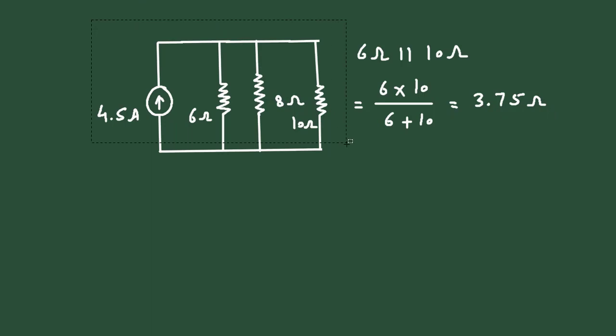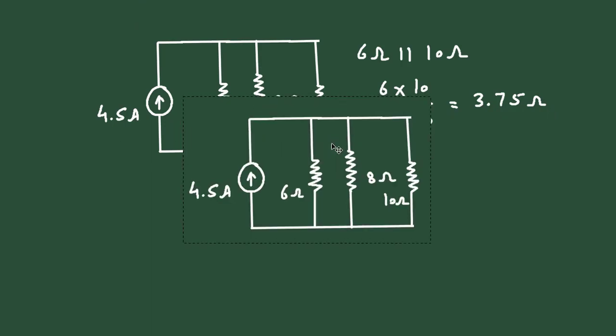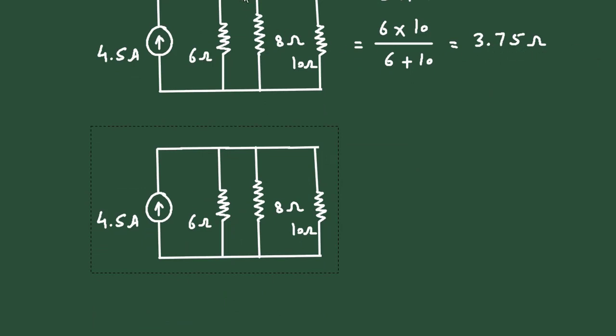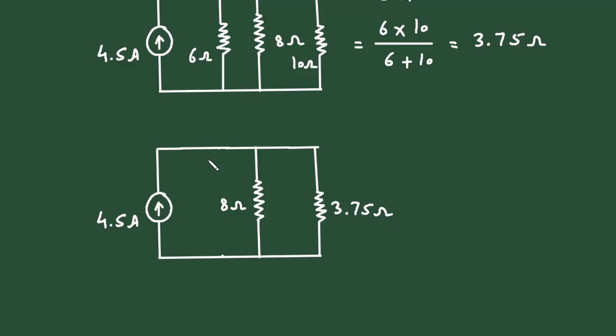Again, let's copy this from here. This 3.75 ohm. Let's erase this. This 8 ohm will be here as it is, and this resistance will become 3.75 ohm.